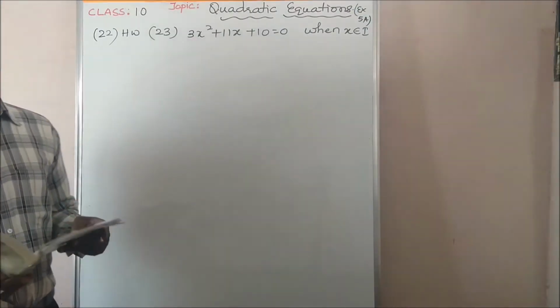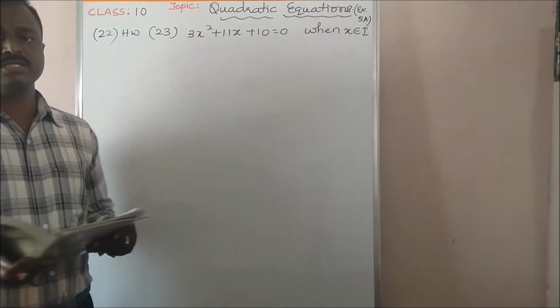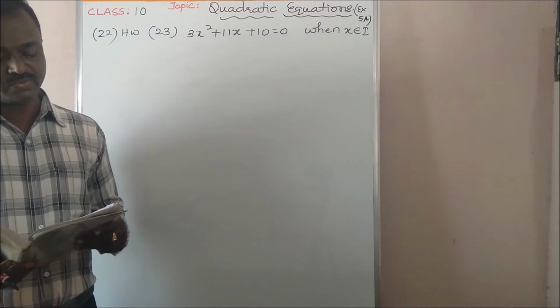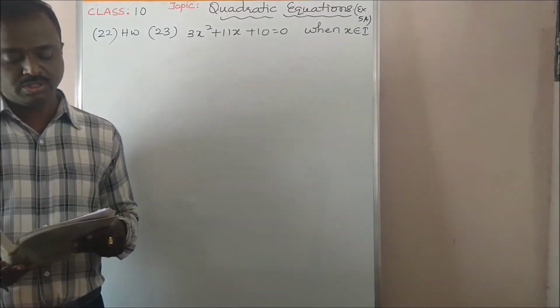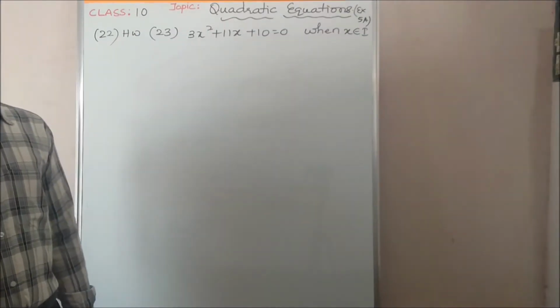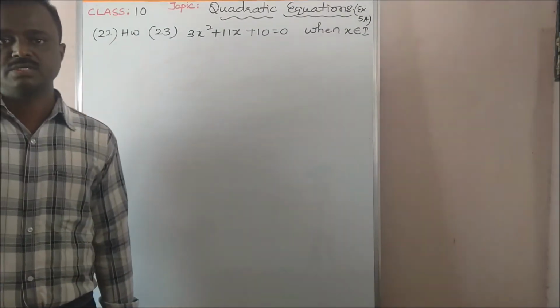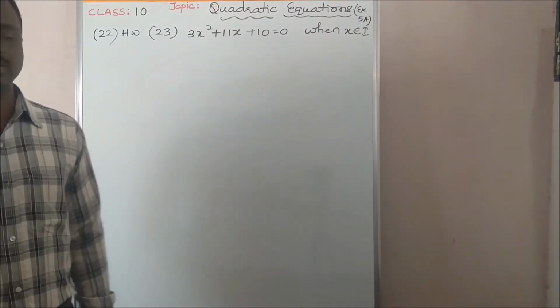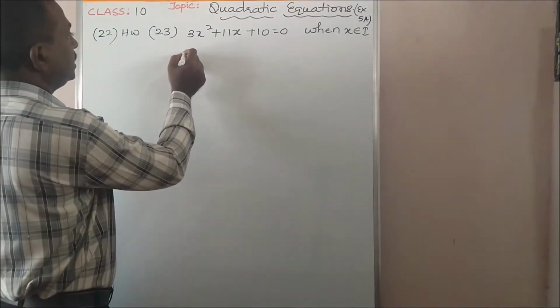Question number 22 is homework; you have to follow the same method. I am doing 23: 3x² + 11x + 10 = 0, when x belongs to I, the integer set. Whichever solution is an integer, we have to pick it out. Same method.